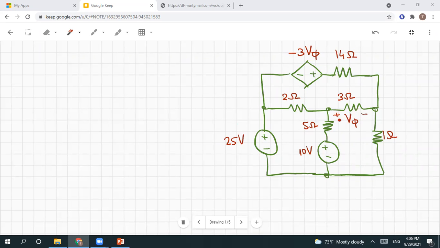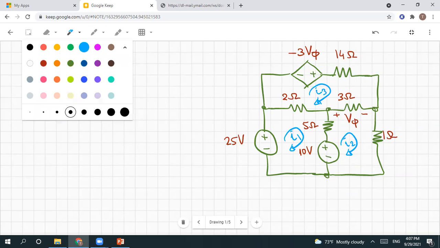So 6 branches minus 4 minus 1, it will be 3 meshes. So I need 3 meshes to solve this circuit, and I will assign them as I1, I2 and I3. I will assign all of them in the clockwise direction.